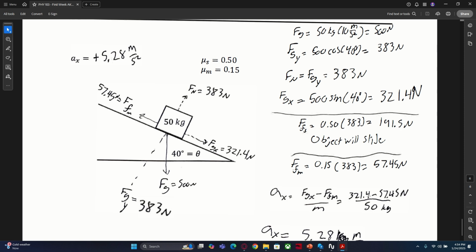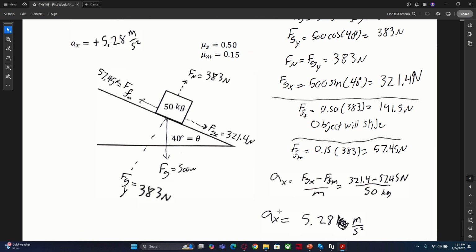That becomes 321.4 minus 57.47 newtons. Have that both in parentheses, and then you can hit divide by 50 kilograms in the calculator. And this is going to get us positive 5.28 meters per second squared. And therefore, in our answer, positive 5.28 meters per second squared.